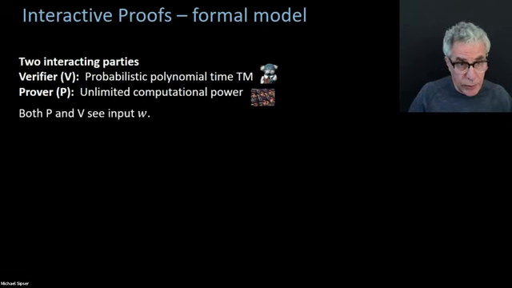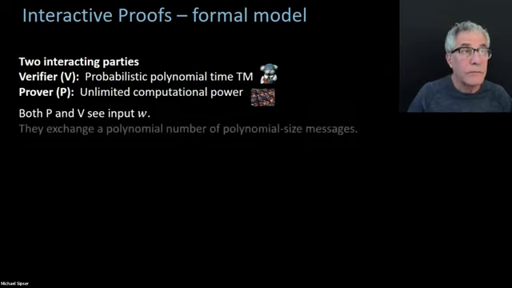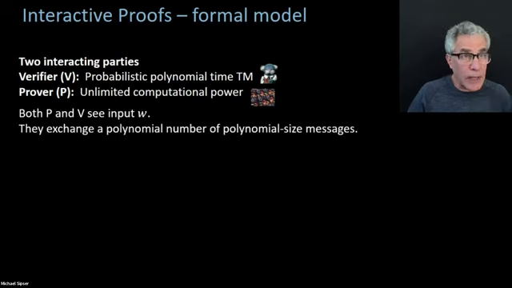Both of them get to see the input, which in the previous case could be, for example, the pair of graphs. They exchange a polynomial number of polynomial-sized messages. So the whole exchange, including the verifier's own computation, is going to be polynomial. The only thing that's not included within the computational cost is the prover's work, which is unlimited.